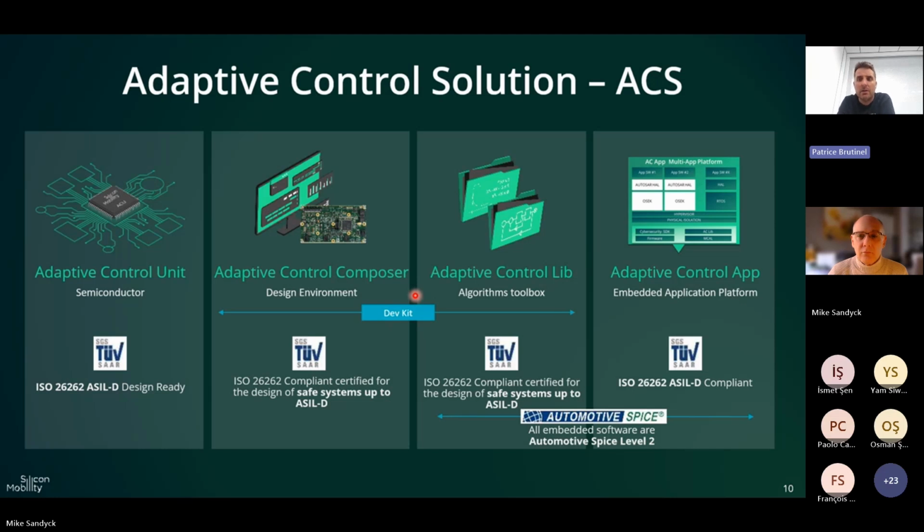And the last stage of our offer is full application software. Today we have integrated the CISSOID application, which is the adaptive controller application for inverter and motor control, that we call AC App Inverter.